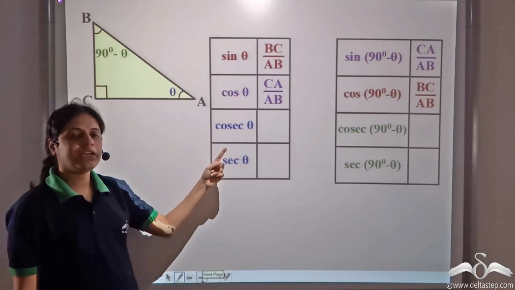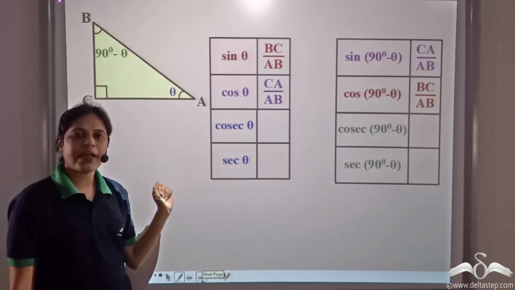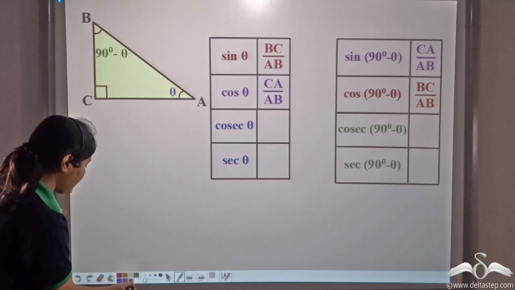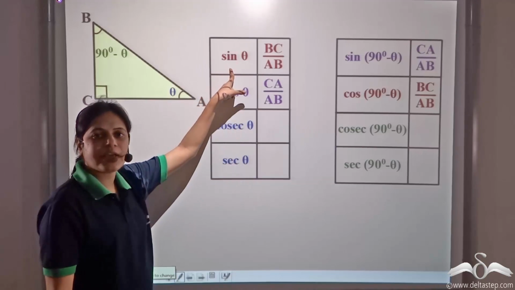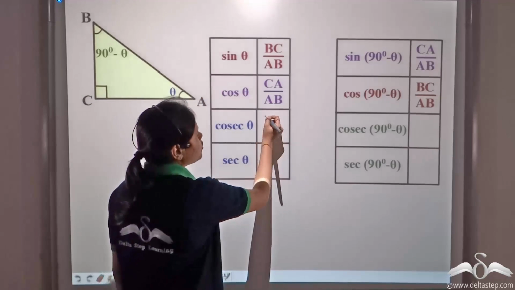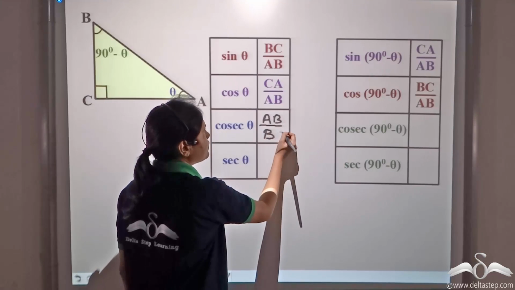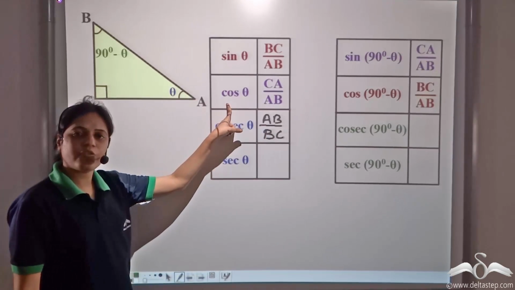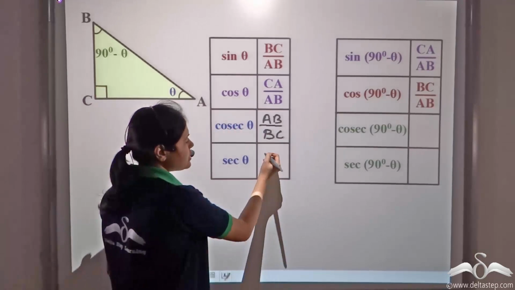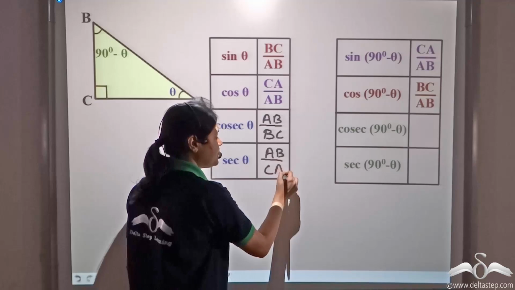Now again, for theta and 90 degree minus theta, find cosec and sec. Well, cosec theta is the reciprocal of sine theta. So it is equal to AB by BC. Sec theta is the reciprocal of cos theta. So it is equal to AB by CA.